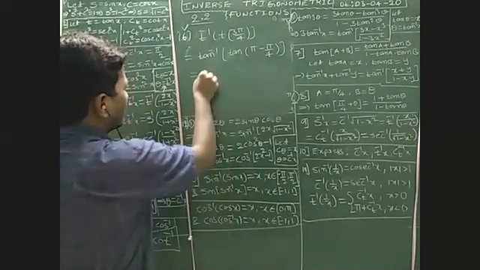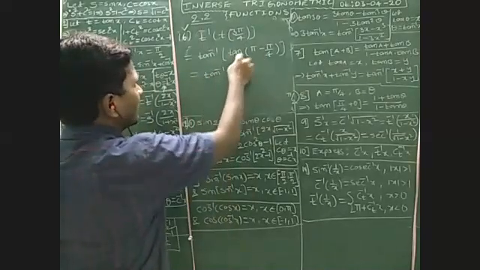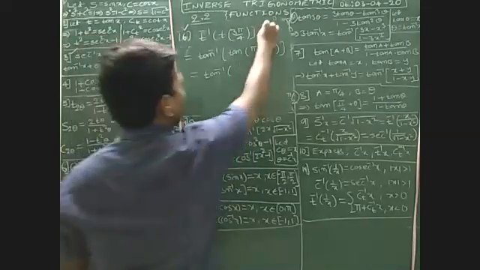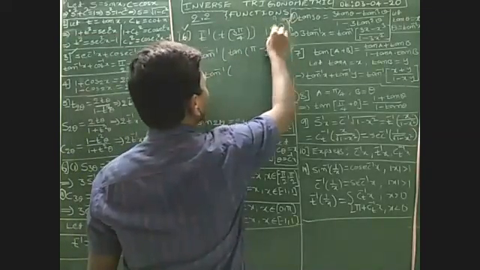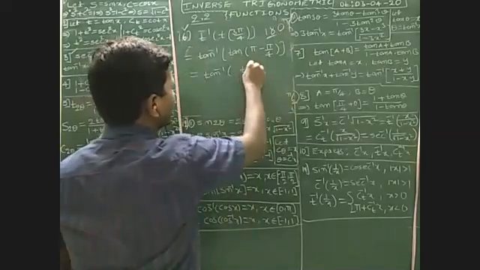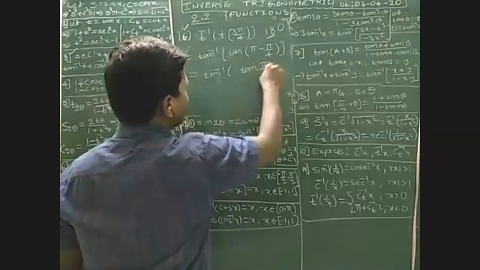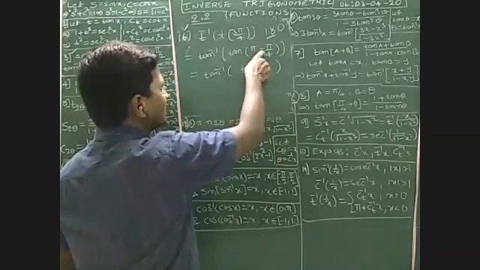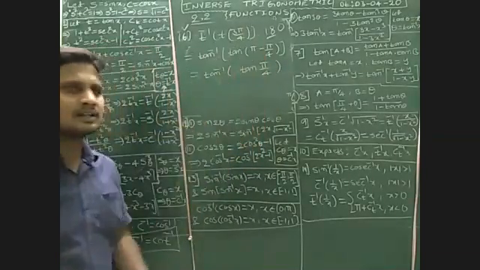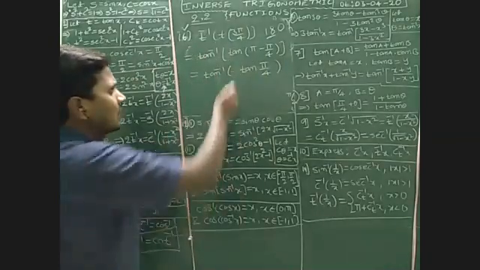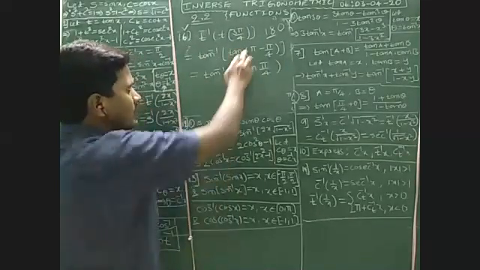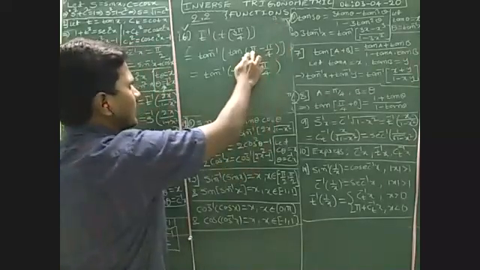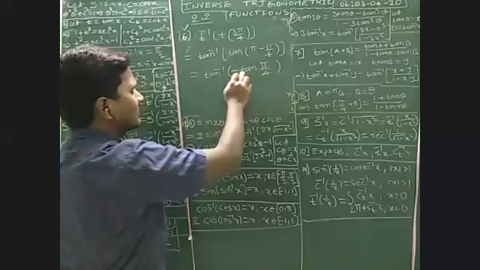So now tan inverse of tan of 180 minus theta, second quadrant. 180, an even multiple, so tan becomes tan only, but whether it is positive or negative: in the second quadrant, tan is negative, so minus.